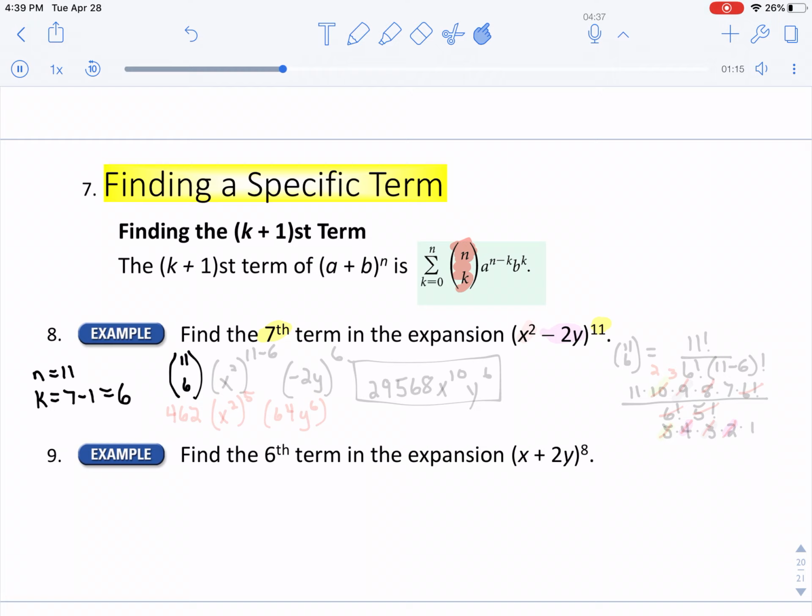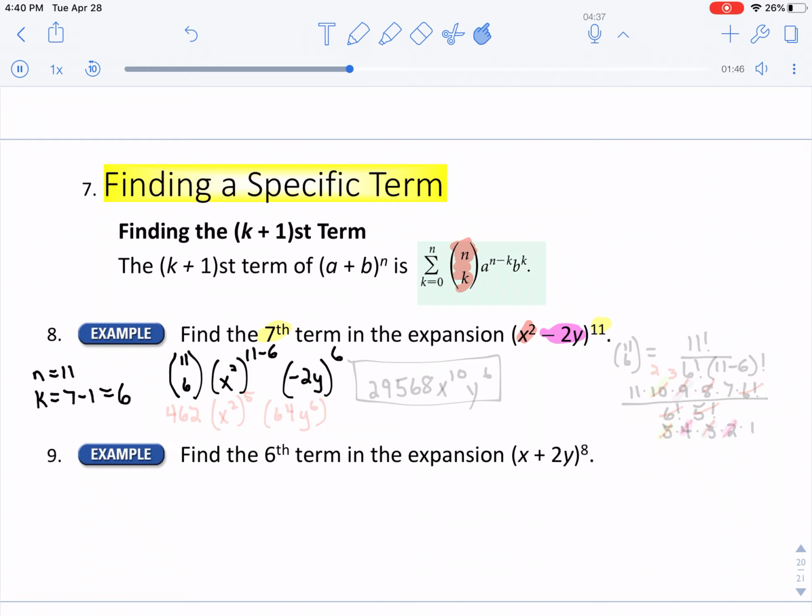The first term is x squared, so we've got parentheses x squared, raised to the n minus k power, which is the 11 minus 6 power, times our second term, the negative 2y. We're raising negative 2y to the k power, and k is 6. So there it is. Now we have to do our math.